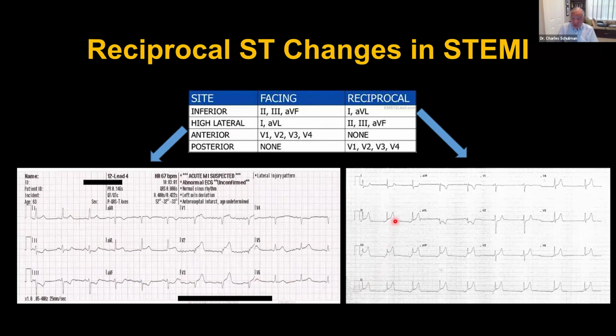Here you have ST elevation in leads 2, 3, and AVF, and ST depression in 1 and AVL. The ST depressions in these cases are called reciprocal changes. Sometimes the reciprocal changes are more prominent than the primary changes, so be on the lookout for that.